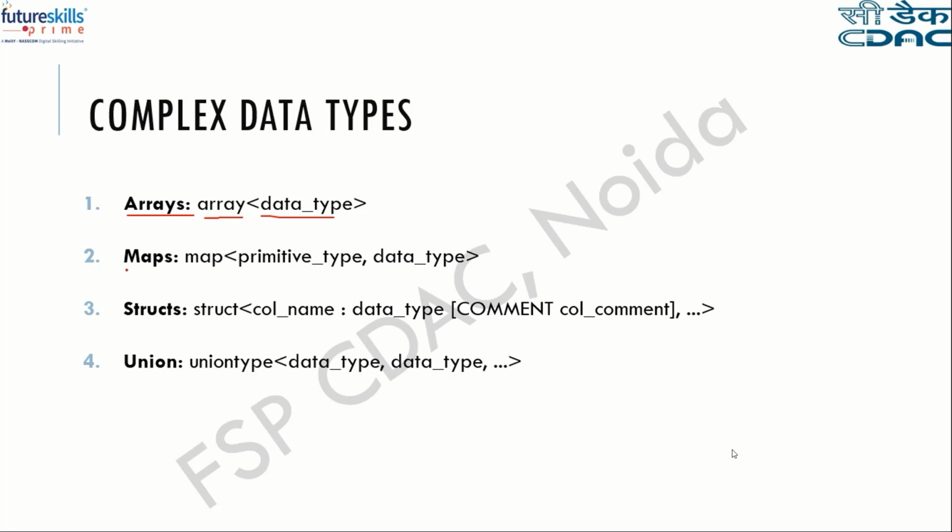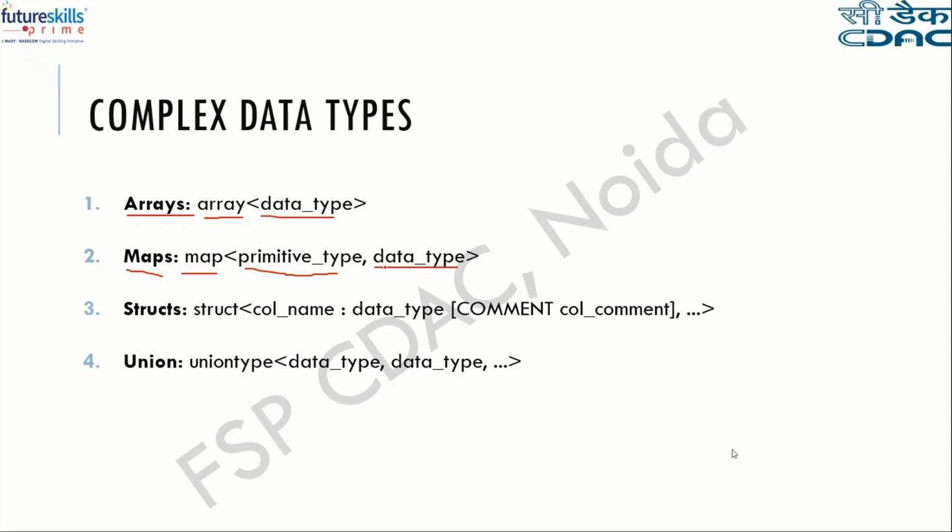Then for map, when you have key value pair type of data, dictionary type of data, or indexing type of data, you can use the map data type. Here you write the map keyword, and then the key data type and the value data type. Your key needs to be of primitive type, and your value could be of primitive or complex data type.